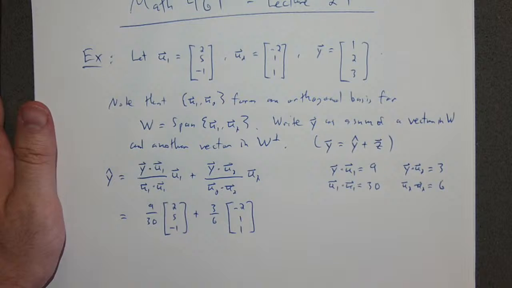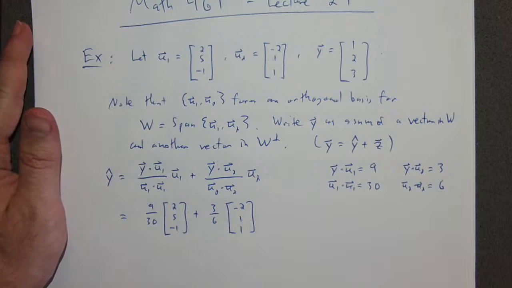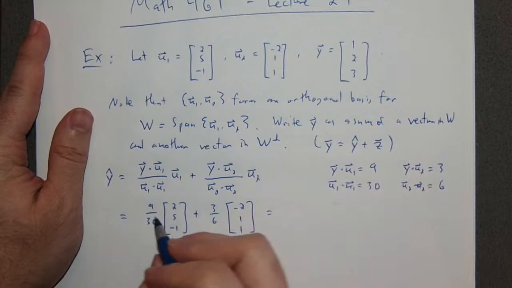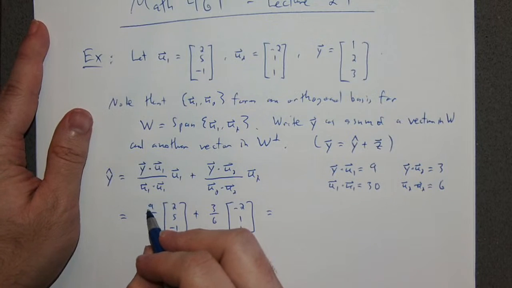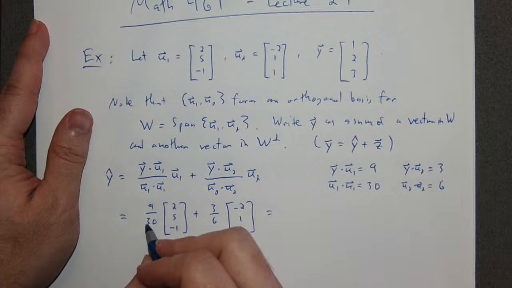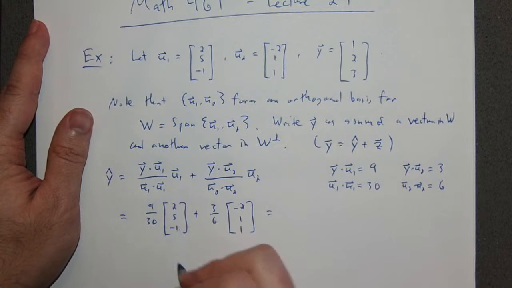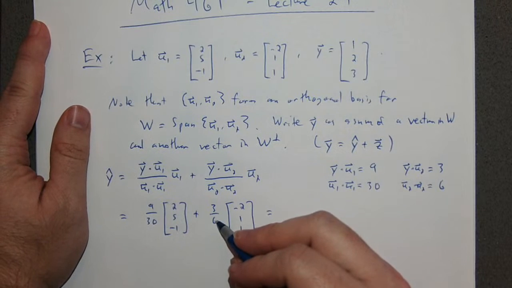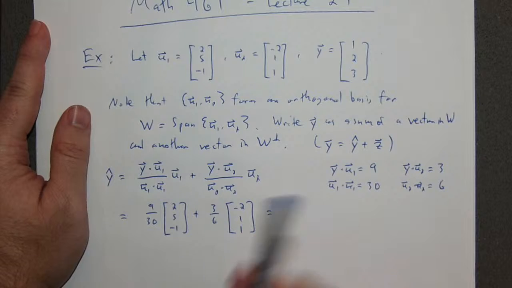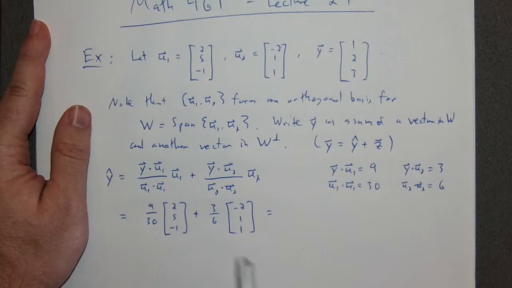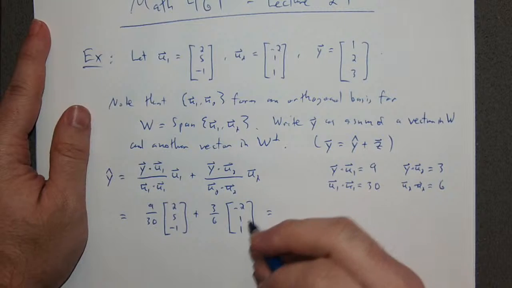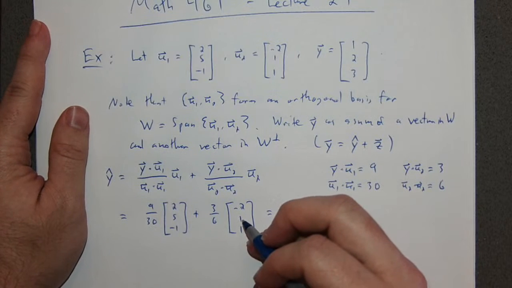So I can simplify this just a little bit. This is 3 times 3 over 3 times 10, so this is 3/10, and this is 1/2. If I actually do this addition, let's see what we get here.